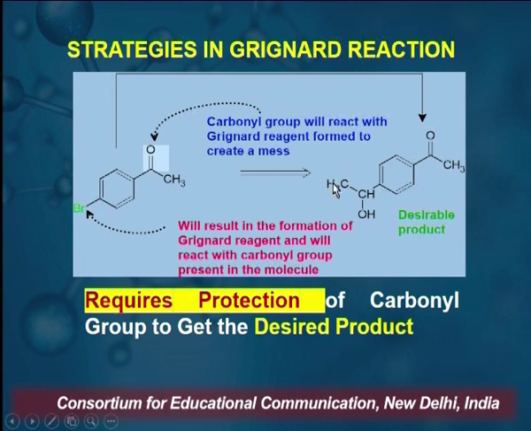But if we do not take precaution, the Grignard reagent formed will react with the ketonic part as well, and the reaction will not give the desirable product, because in the reaction medium the Grignard reagent will react with the ketonic part also. So, this requires protection of the carbonyl group to get the desirable product.